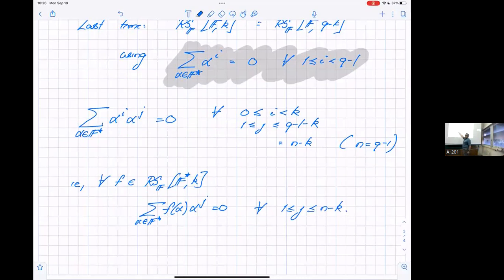That was just for one monomial. I'm just summing it over all monomials. So this means that the alpha power j's are orthogonal to the f alphas, for j from 1 to n minus k.